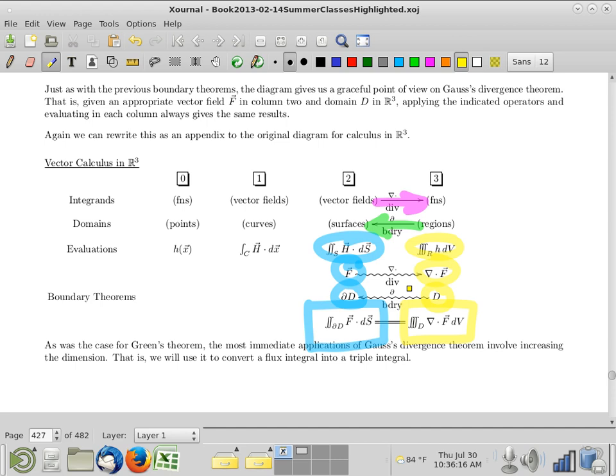So, in the sense that these two resulting integrals end up being exactly equal, just like so many instances we've seen before, you can say that the divergence operator is sort of complementary to the boundary operator.